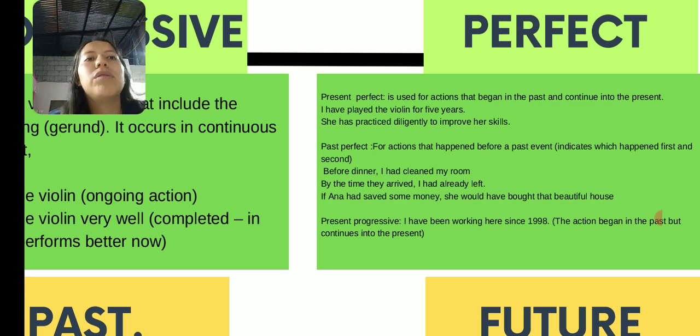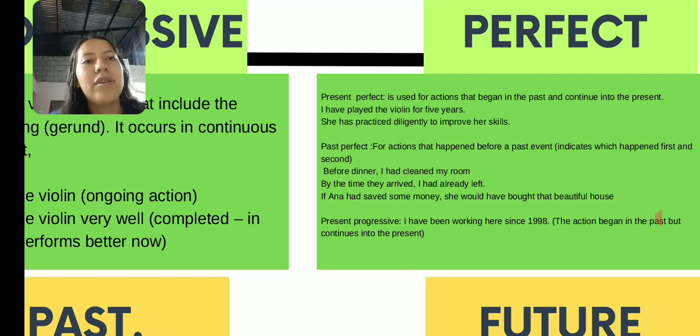We also use the past perfect with conditionals, as you can see in this example. The conditionals have two clauses in one sentence. If Anna had saved some money, she would have bought that beautiful house.